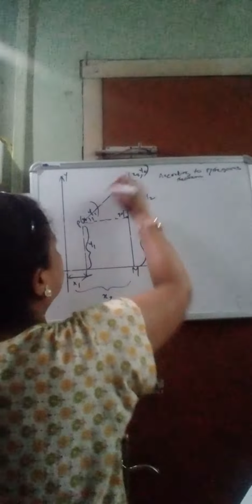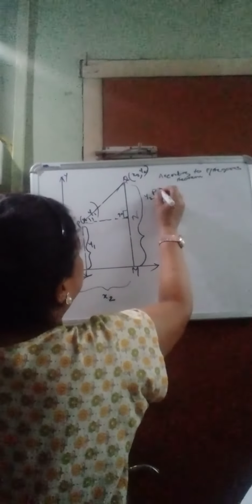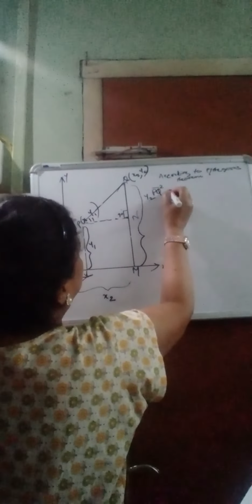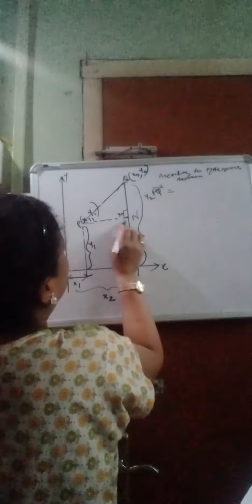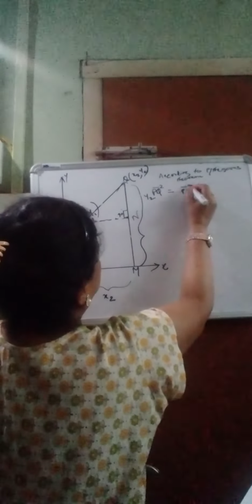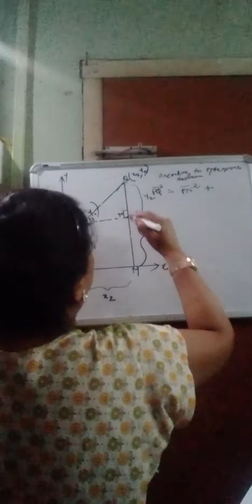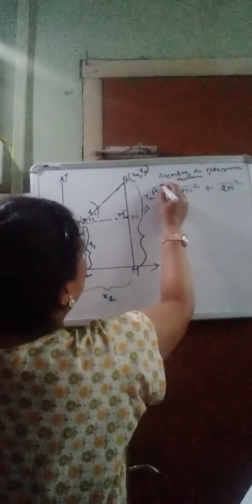So here hypotenuse is PQ square, and it is equal to base square, PN square, plus perpendicular square, QN square.